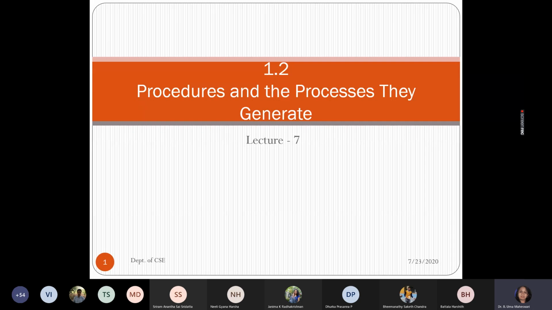So let us discuss procedures and the processes they generate. So far, we learned about operators, expressions, composition, nested composition, and then defining names, that means defining variables, and then writing procedures in an abstract way.